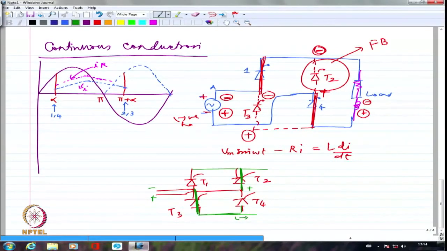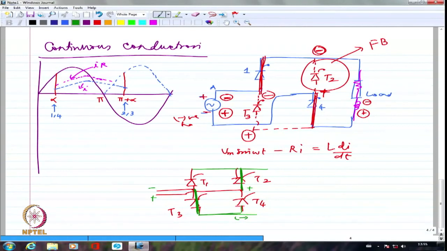T4 gets reverse biased. So the two devices which helped T2 and T3 to get into conduction became suicidal for those two devices. T1 and T4 helped T2 and T3 to get into conduction, but after getting into conduction, T2 and T3 quenched them.